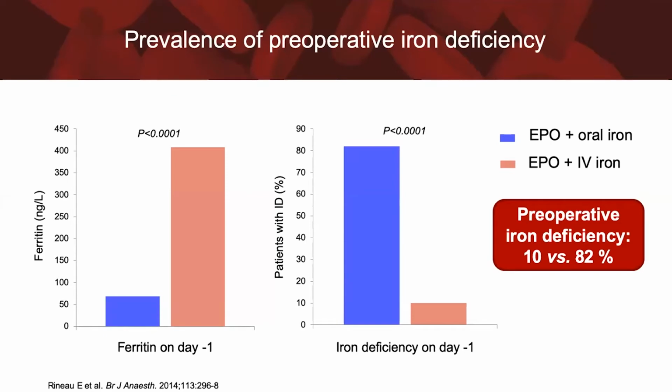So even if you give oral iron with erythropoietin, and the patient doesn't have iron deficiency in the pre-op period, at the end of the erythropoietin treatment, he will have an iron deficiency because iron is moved from the store to the hemoglobin.